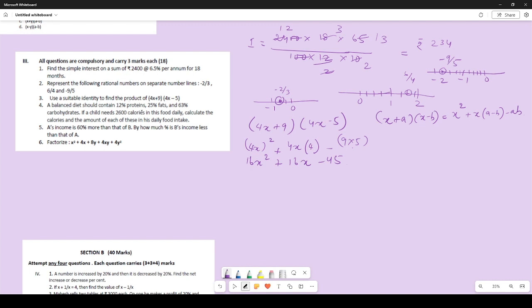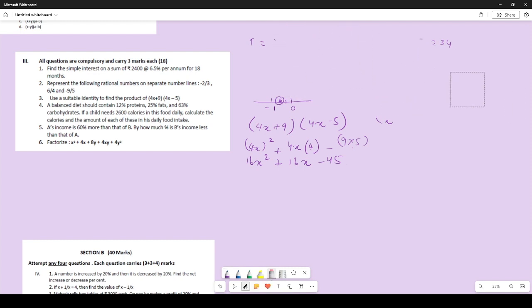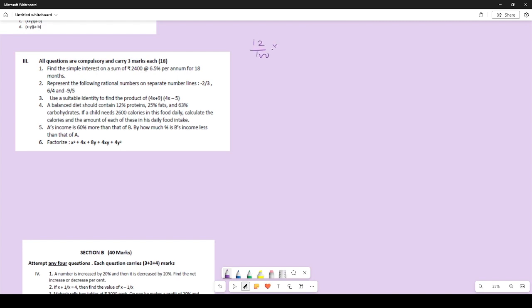A balanced diet must contain 12% proteins, 25% fat, and 63% carbohydrates for a child. So let us calculate the total number of calories for the child. So when we find out 12% of 2600, now remember, the total intake is 2600 calories.